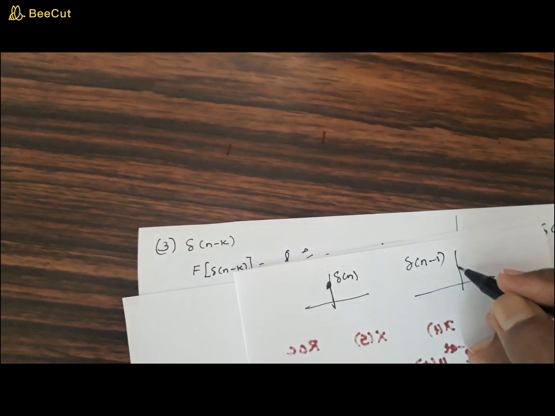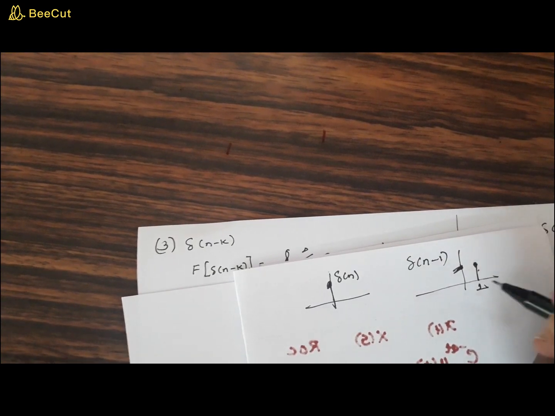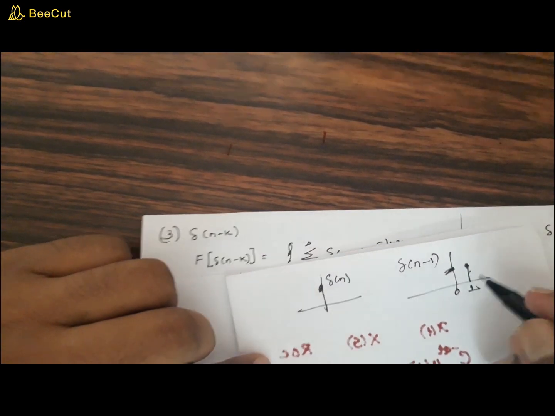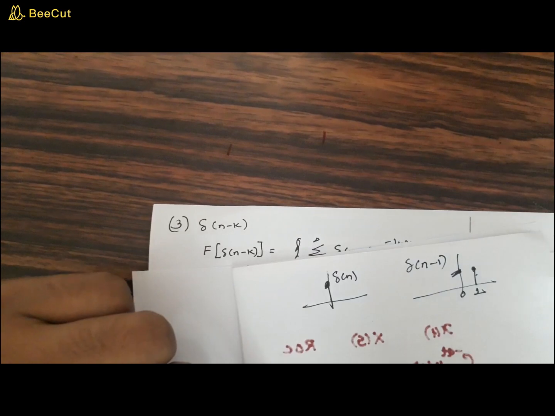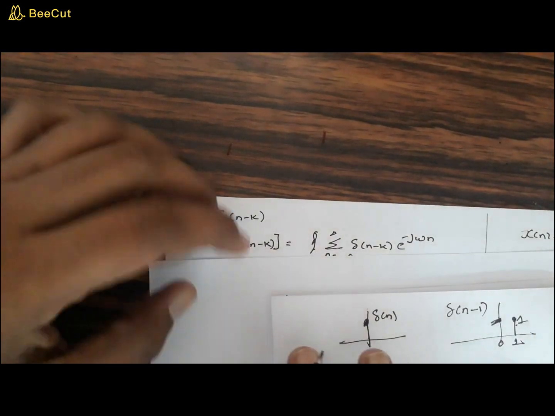This signal gets shifted by 1. So this is actually del of n minus 1. Hope you have an idea about that.